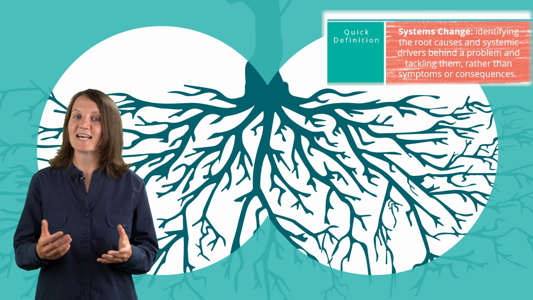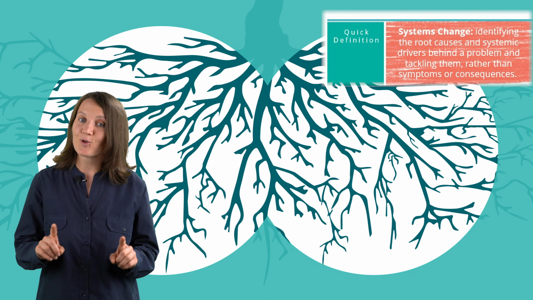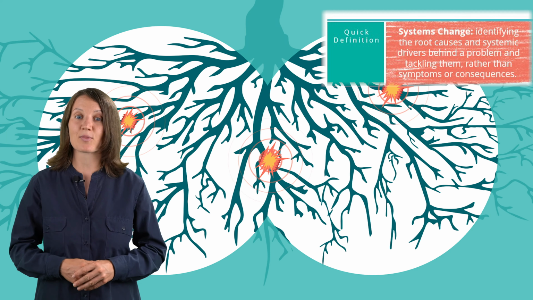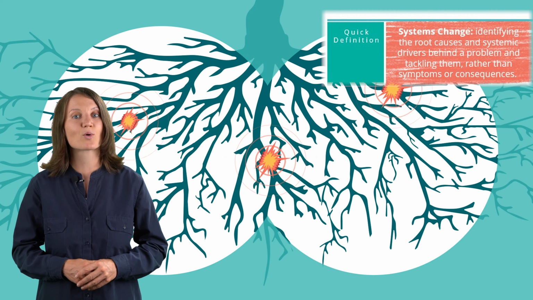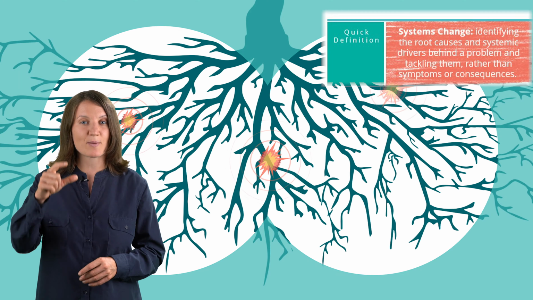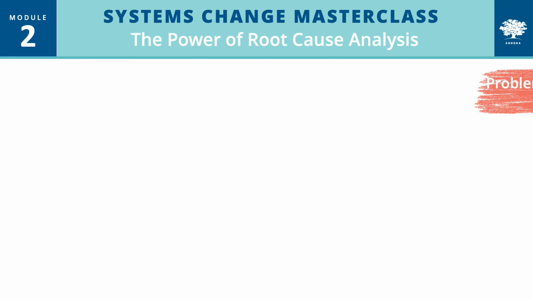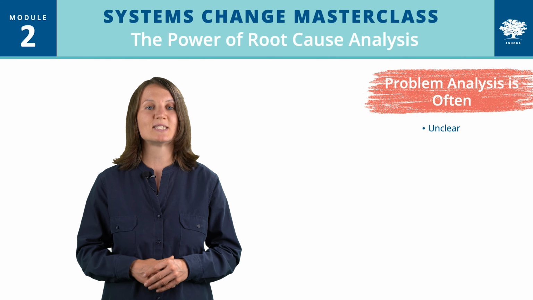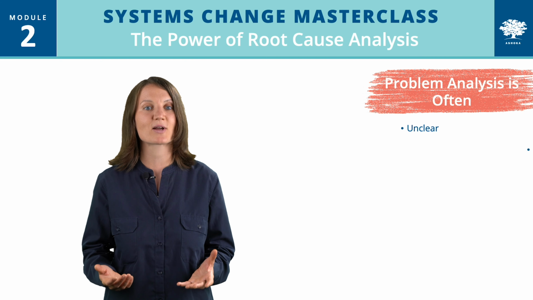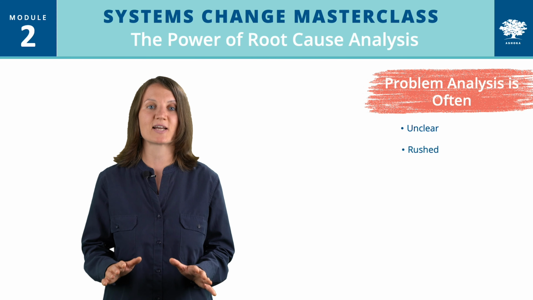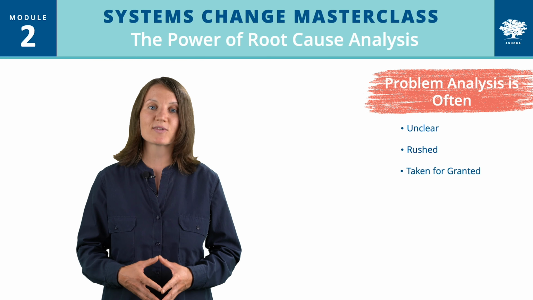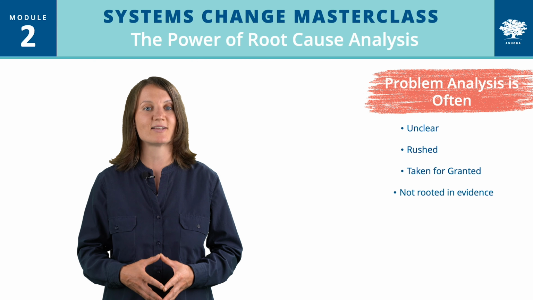consequences. These systemic drivers are not always obvious, but one can get a better idea about them by investing time in a thorough problem analysis with a systemic lens on. In Ashoka's 40 years of experience with social entrepreneurs, what we see is that the problem part of the strategy is not always clarified and is sometimes rushed over, taken for granted, or not necessarily underpinned with evidence.